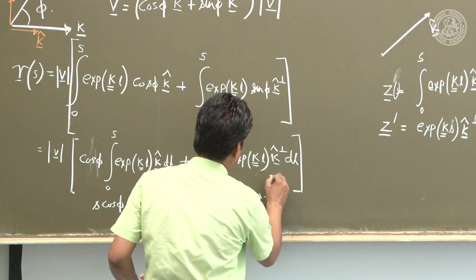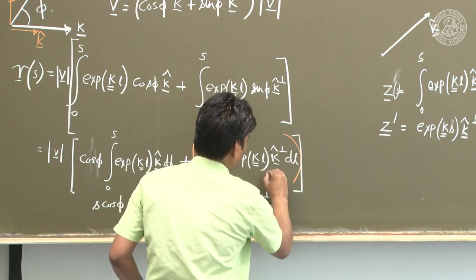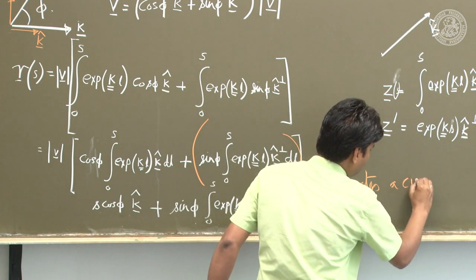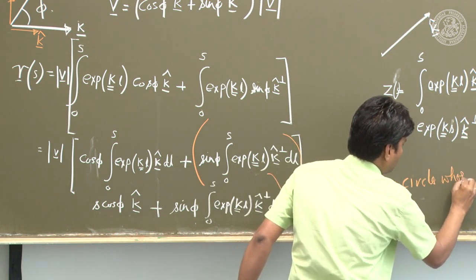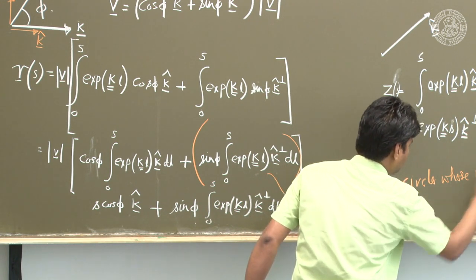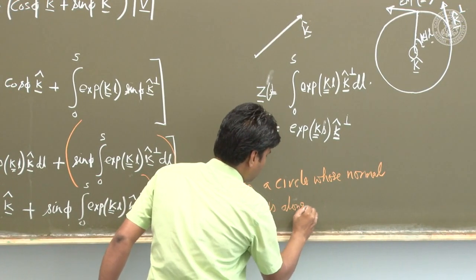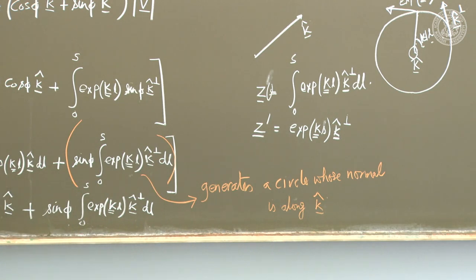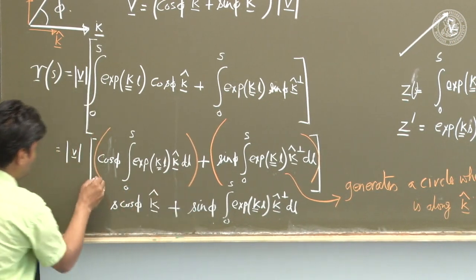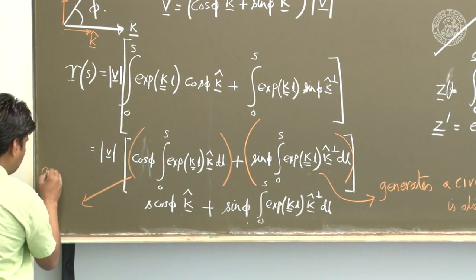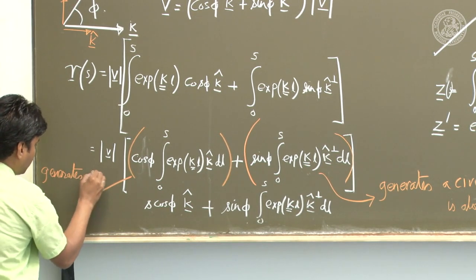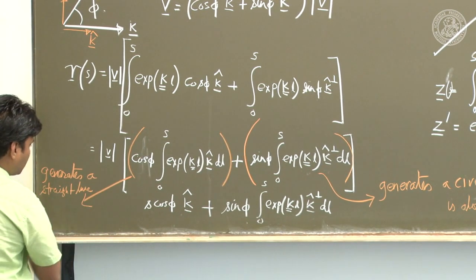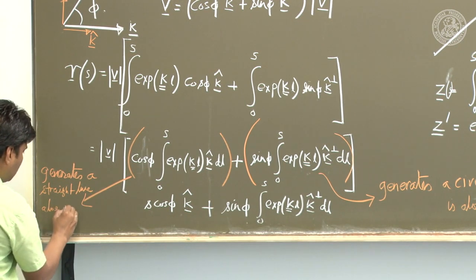So, this term generates a circle whose normal is along k hat, whereas this term that you see over here generates a straight line along k hat.